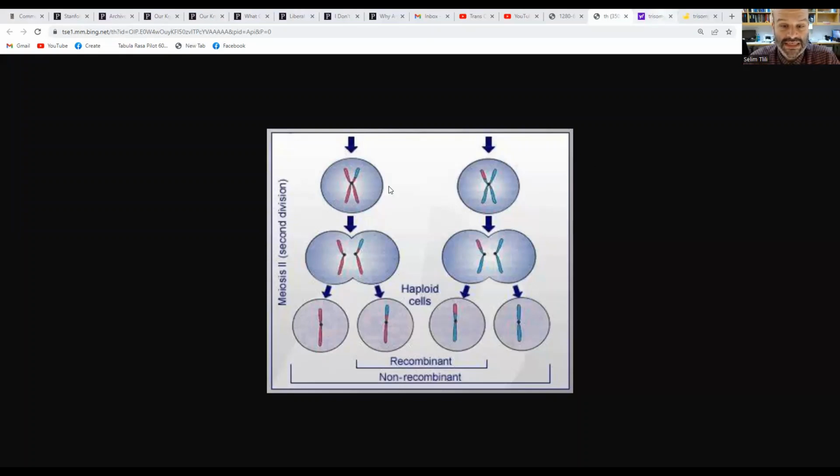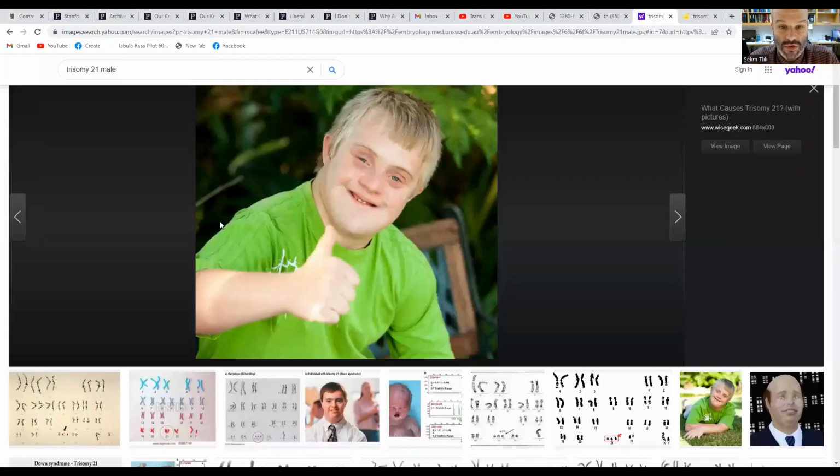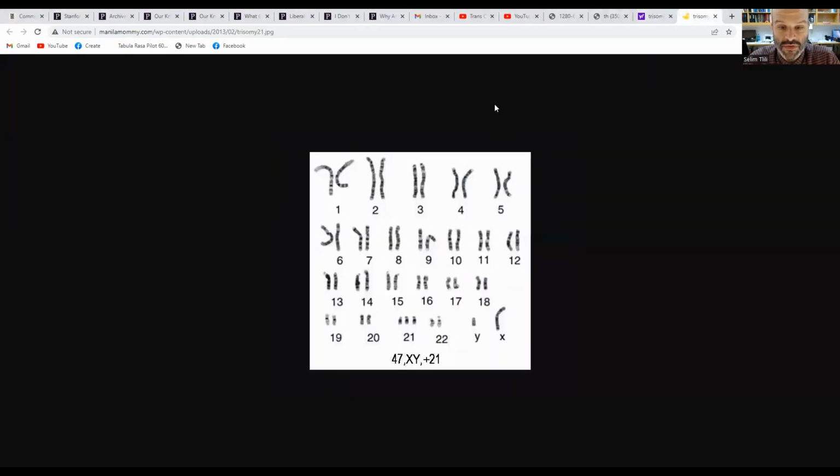We can see that in individuals who are born with what we call trisomy 21. This condition is the result of having 47 chromosomes instead of 46 chromosomes. Individuals who are born with Down syndrome have a third copy of chromosome number 21.